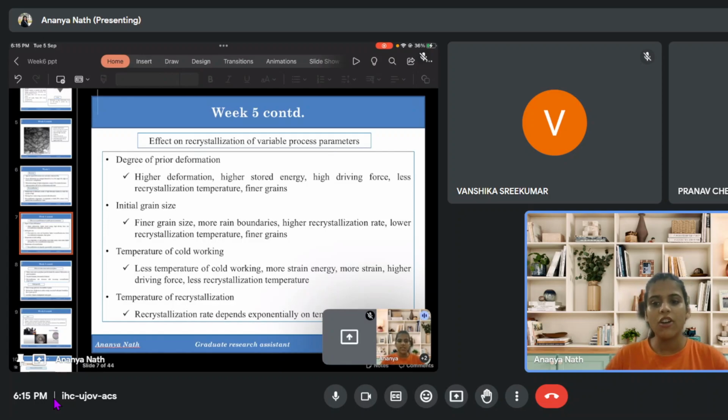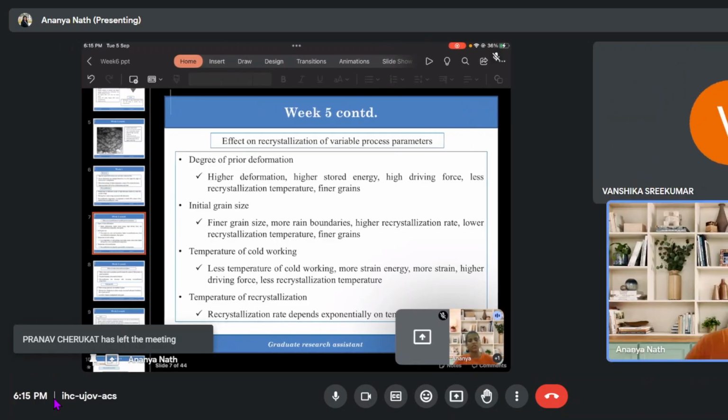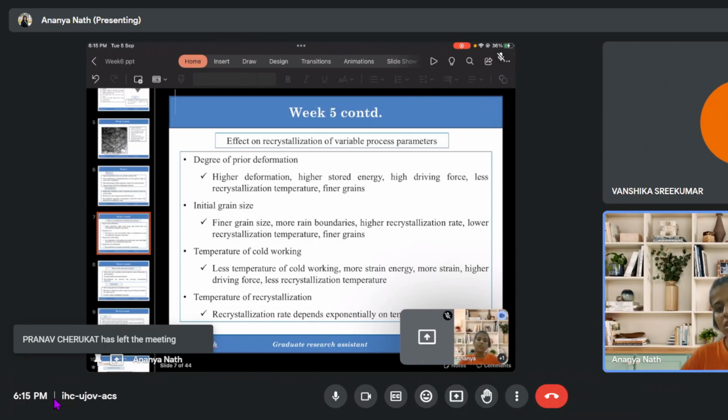First is the degree of prior deformation. A little cold working is needed to start the recrystallization. It also happens in heat treatment processes and various manufacturing processes. We often go for recrystallization because we want new grains to form, and the new grains will have smaller dimensions, meaning their size will be less.